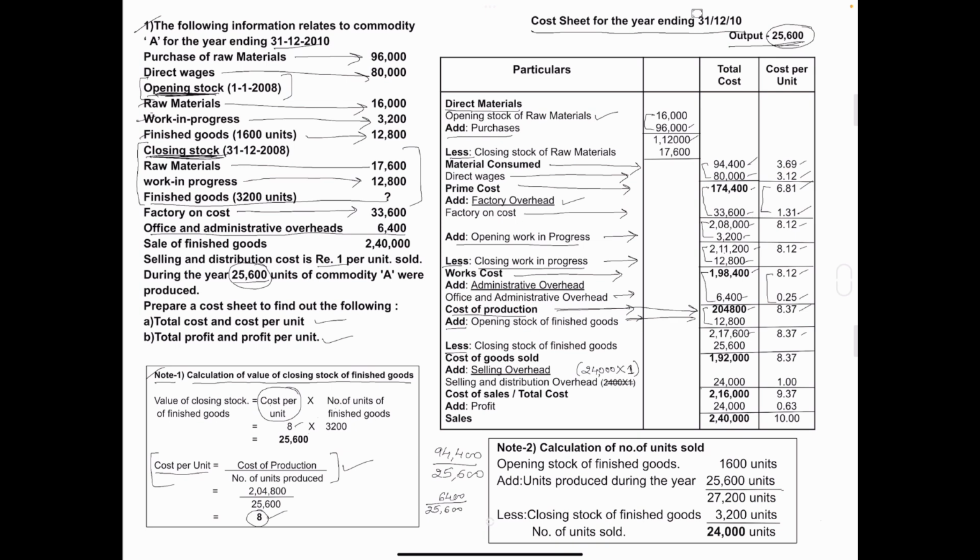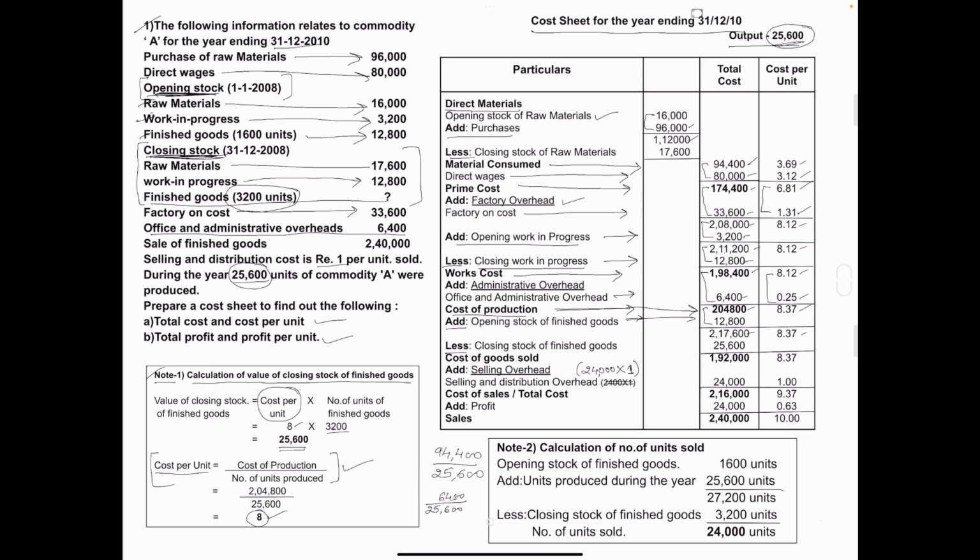The closing stock of finished goods quantity is 3,200 units. Now multiply 8 into 3,200, you will get 25,600, and this is the value of closing stock of finished goods.